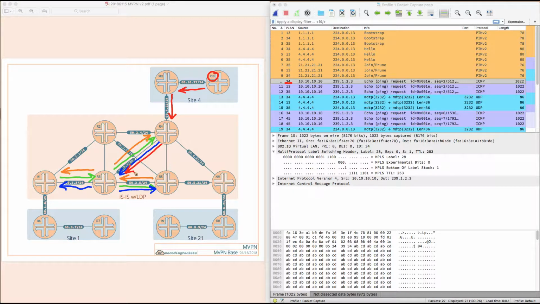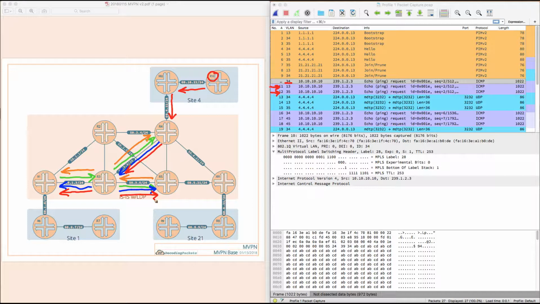Right now there are no data MDTs signaled here, so this is all default MDT. So the C-Multicast packet is going to take the same path that the C-PIM packet took. Basically it comes in on VLAN 34 and goes out on VLAN 13 and also on VLAN 35, so out this way on VLAN 13 and out towards R5 on VLAN 35.